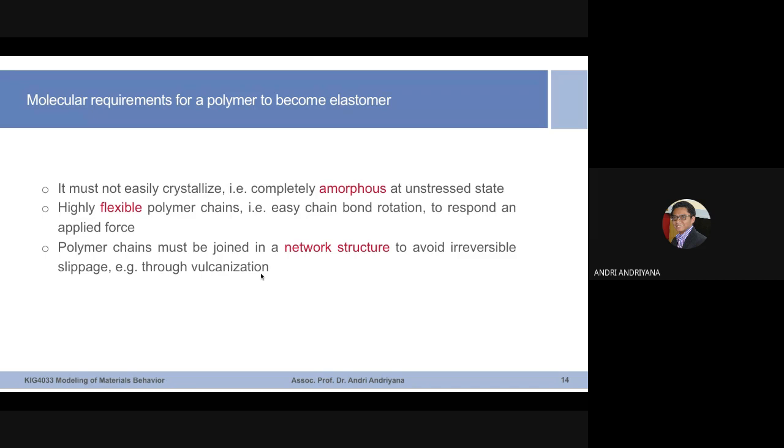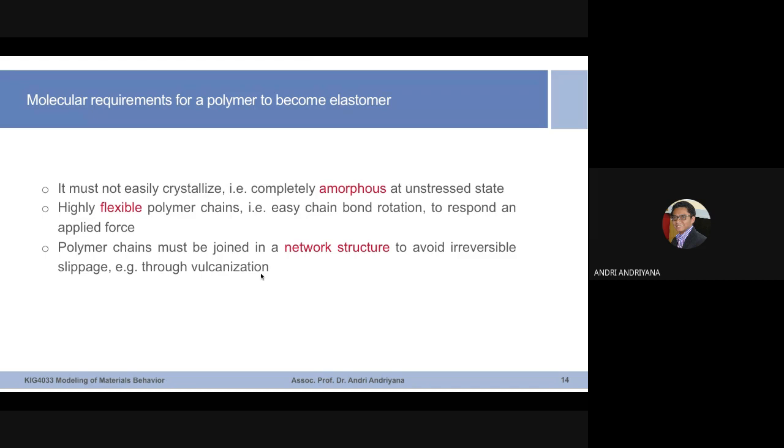soft material. And then the second requirement is that you need to have highly flexible polymeric chains, so that you have easy chain bond rotation to respond to applied force. So you have to be able to change the shape of the polymeric chains relatively easily. Okay, you have to be able to change the conformations in a relatively easy way.